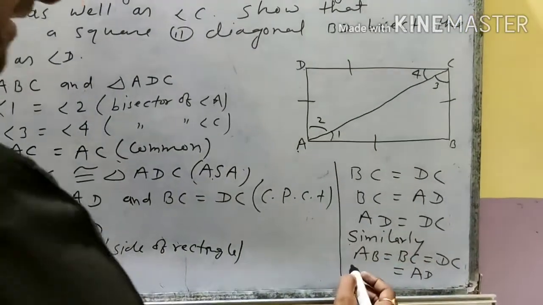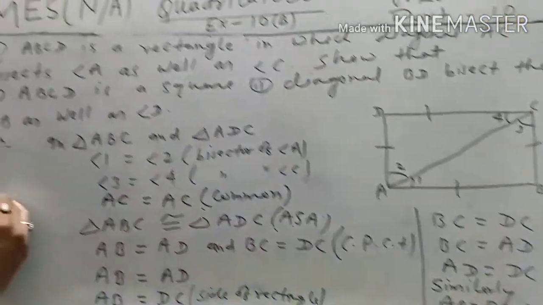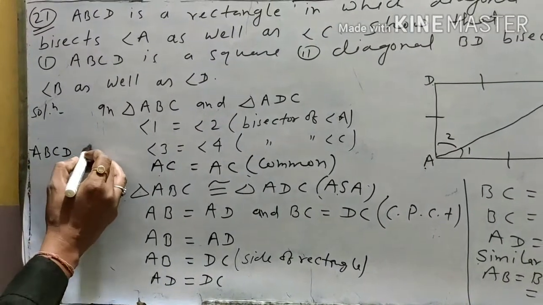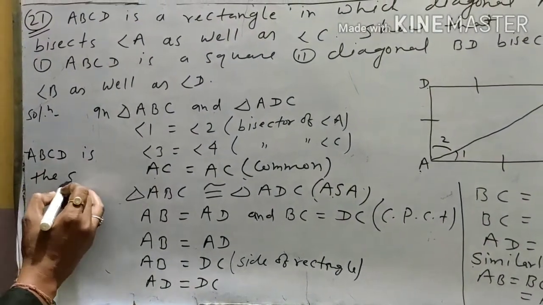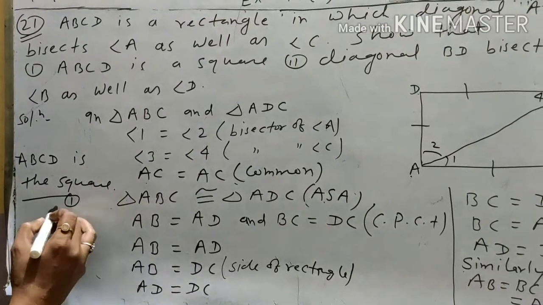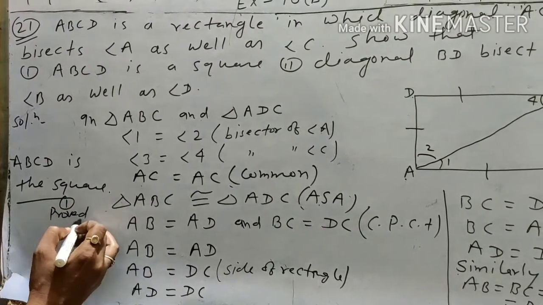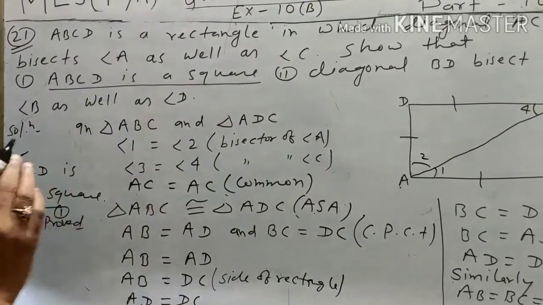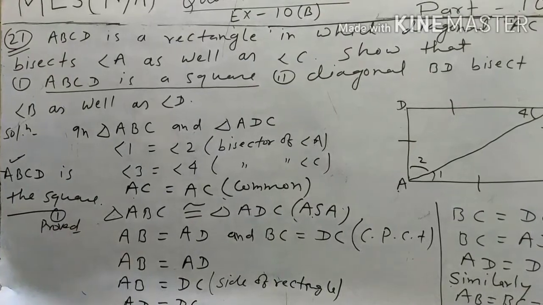So ABCD is the square. So here student, write down ABCD is the square. First one is true. Okay student, here ABCD is the square, so it is proved.